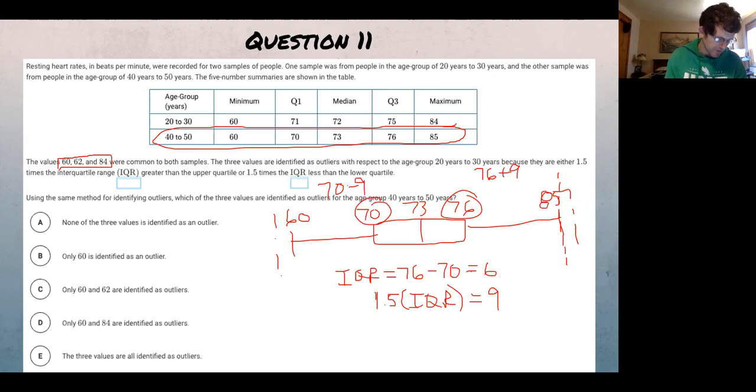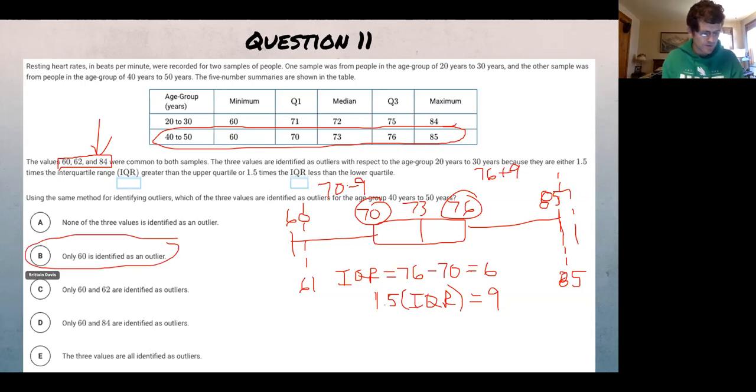So my fence, I'm going to get rid of it over here and draw it right here. 61 is my fence here. 85 is my fence up above. So of the 3 outliers that we had before, the only one that's still an outlier is 60, because 62 and 84 are both within the fences. So now here's my answer. Technically what I would do is put my whisker right here, and this would be a star, but we don't care about the actual box plot for this.